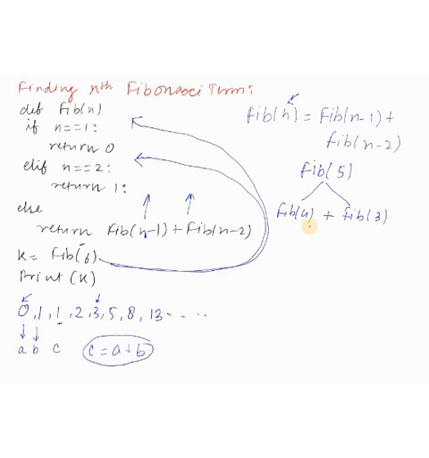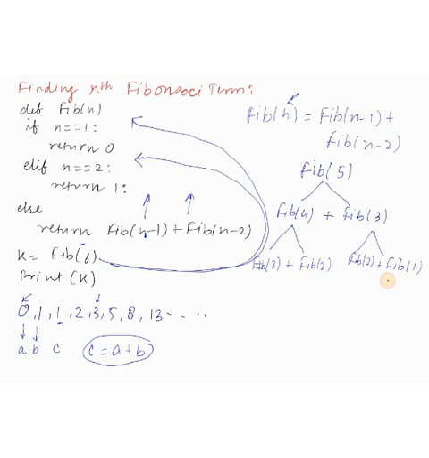So if I further divide it, the recursion will be with 4. When recursion will be done with 4, so 4 will be further divided into fib of 3 plus fib of 2. Similarly, when the function will be called with 3, so it will be fib of 2 plus fib of 1.